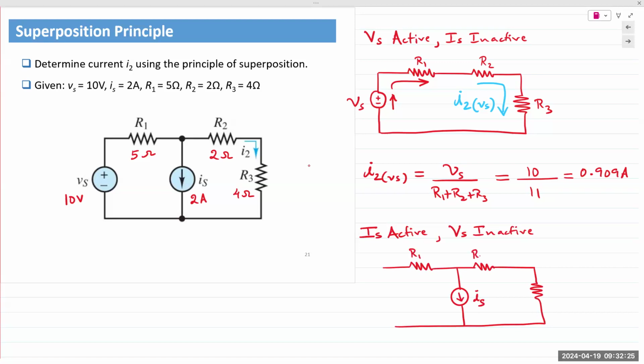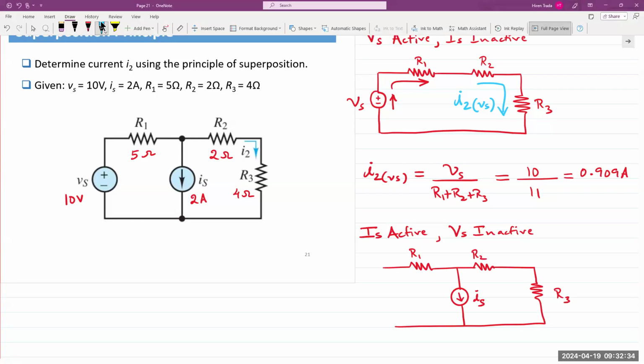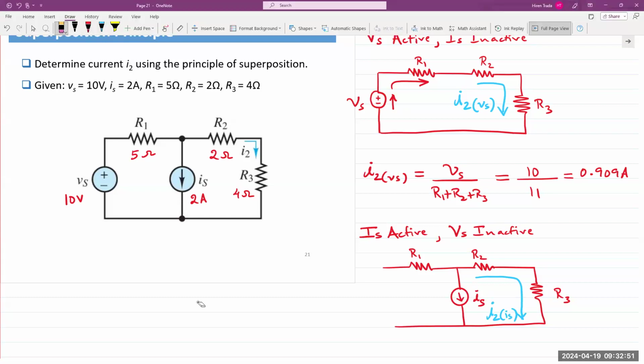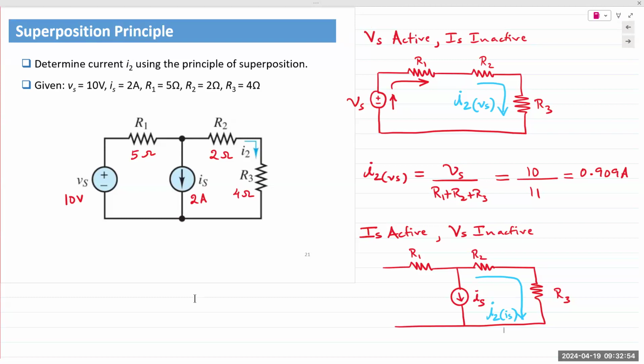This is R1, R2, and R3. And my current I2s, actually it's not I2s, it is I2 due to Is. Okay, I2 due to Is. And now Vs is inactive, meaning we have to reduce Vs value to 0. So what do I do? Place a wire. That is the setup of the problem.